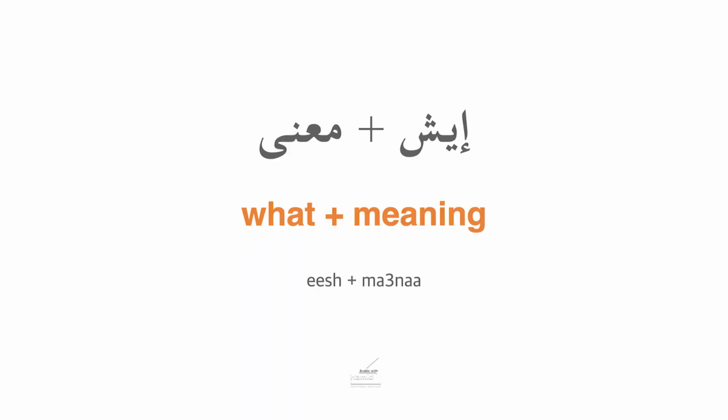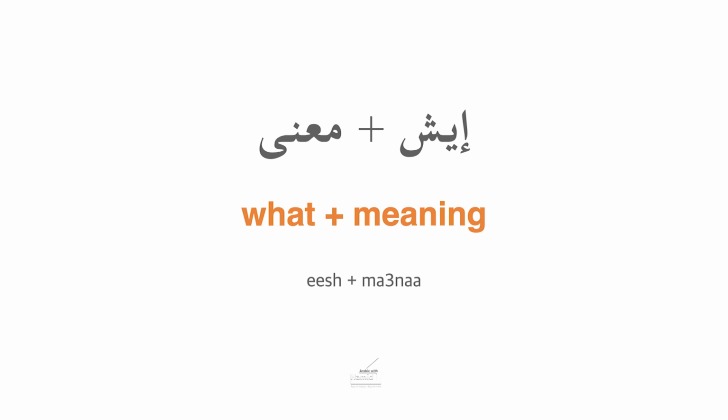The origin of اشمعنى, actually, it comes directly from more standard Arabic as well. اشمعنى, we can divide it into ish and معنى. معنى in modern standard Arabic means meaning. ما معنى ذلك? What is the meaning of this?